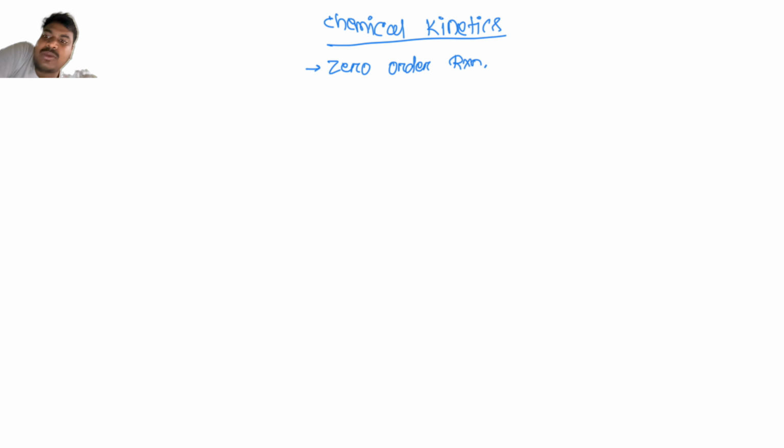So in these two lines, there are two terms that we should be clear about. The first term is kinetics. I'll briefly explain the term kinetics. If someone hears this term kinetics, what should the person understand about it? Let us imagine a classroom.